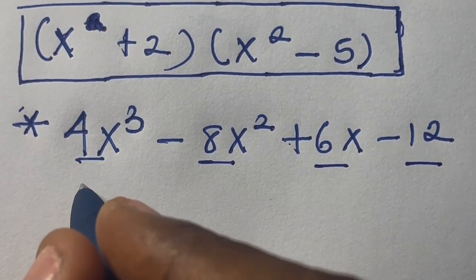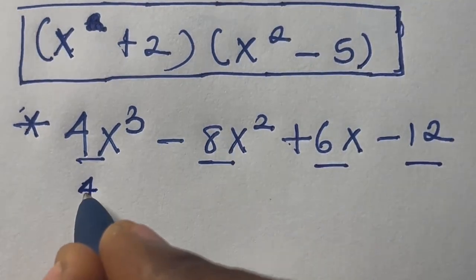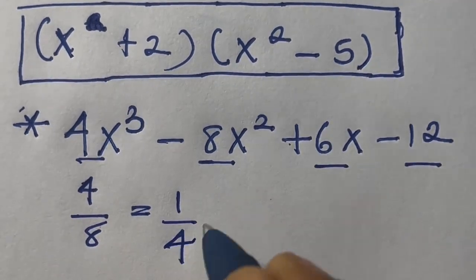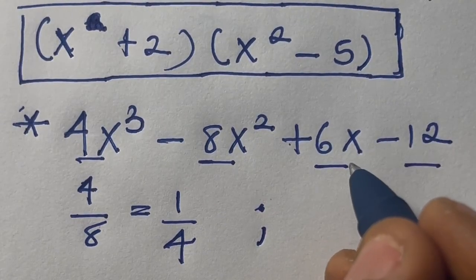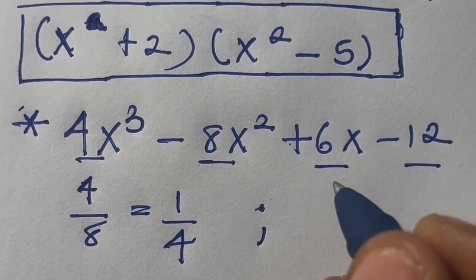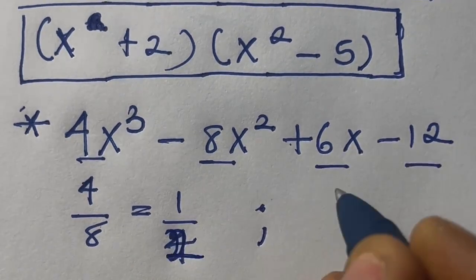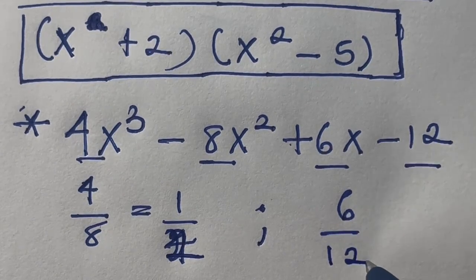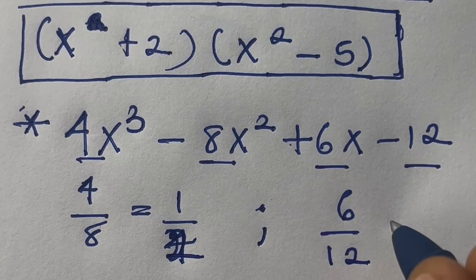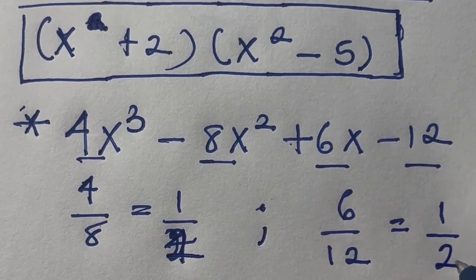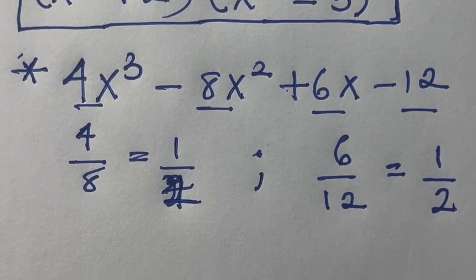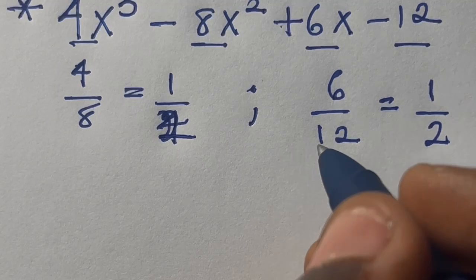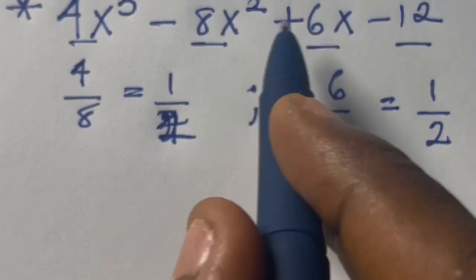Here we have 4 to 8, that is 1 divided by 2, and here as well we have 6 to 12, so that is 1 divided by 2. They have the same ratio, right?